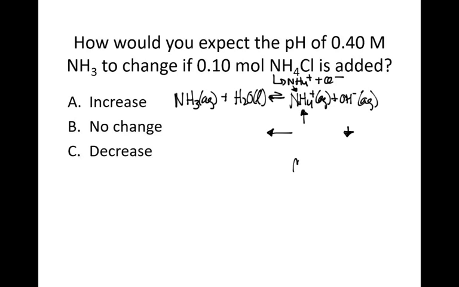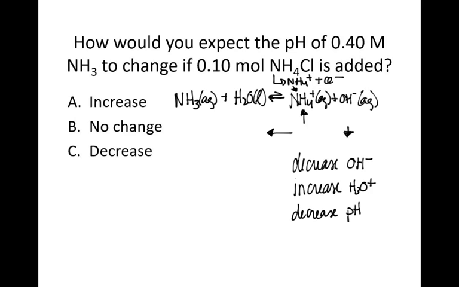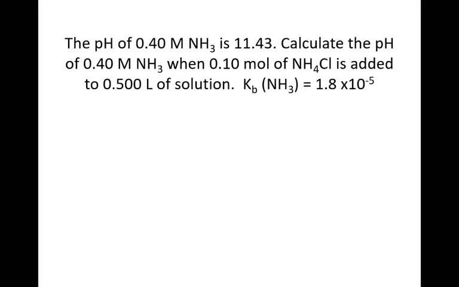So if we decrease OH-, that is going to increase H3O+, because those still have to multiply together to be Kw. And so that is going to cause a decrease in pH because increasing H3O+ decreases pH. So the correct answer is decrease.